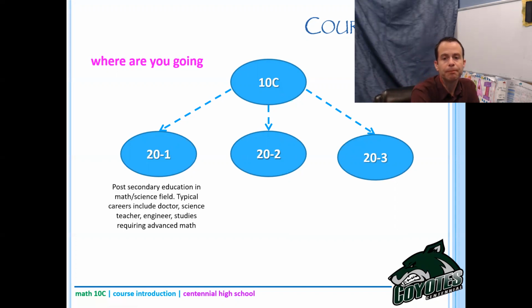Well, you take a -1 strand because you're heading to post-secondary education, so you are going to university or college or something of that sort, but you are focused on a math or science field. So you're thinking about being a doctor or a science teacher or an engineer, or any sort of studies that require advanced math. If your program in university requires you to take calculus, this is called the pre-calculus stream. So you would want to take a -1.